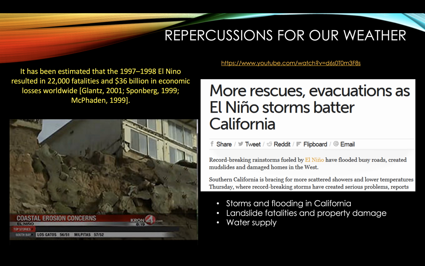So it's very important that we understand El Nino and continue to figure out what causes it, but also to make sure that coastal properties are constructed with enough distance from actively eroding cliff lines, when we know that El Nino events are only going to increase because of global warming.